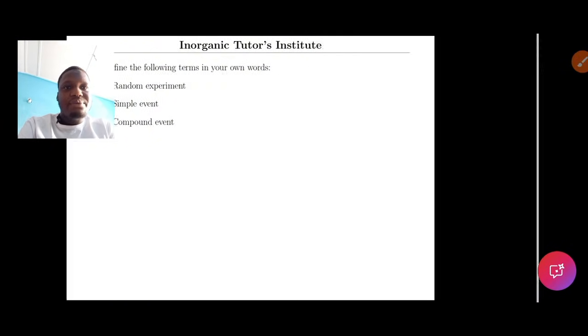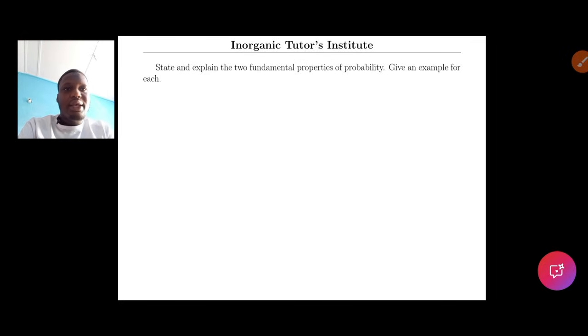We have also a theory question. State and explain the two fundamental properties of probability. Give an example for each. So we are asking about the fundamental properties of probability.